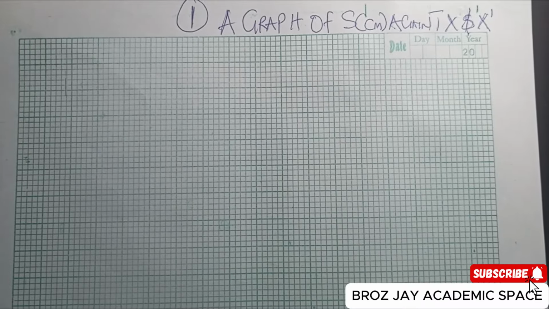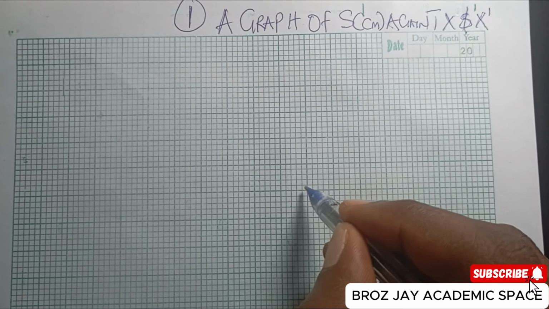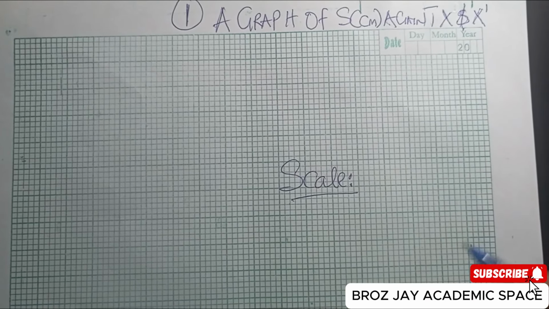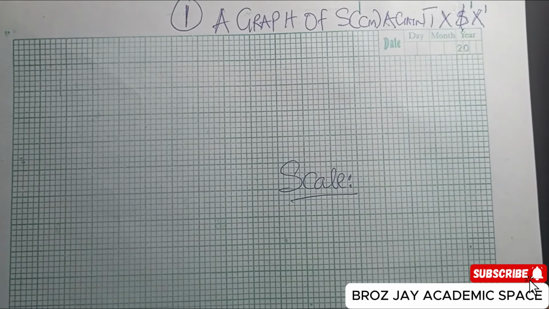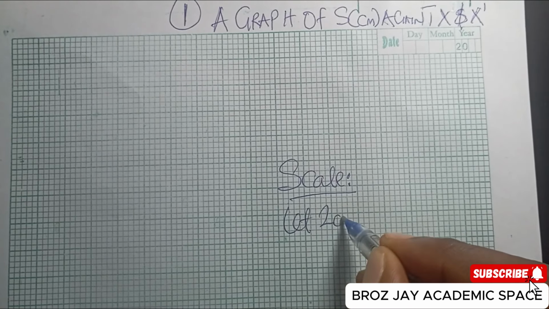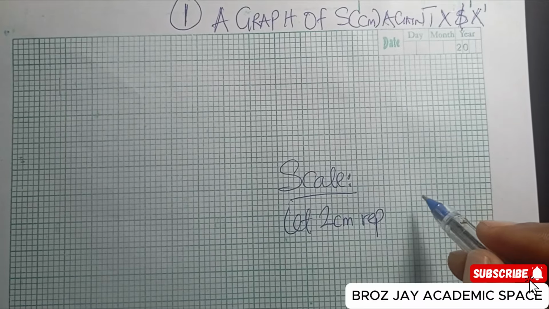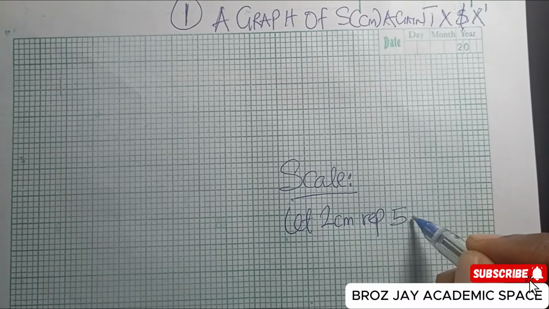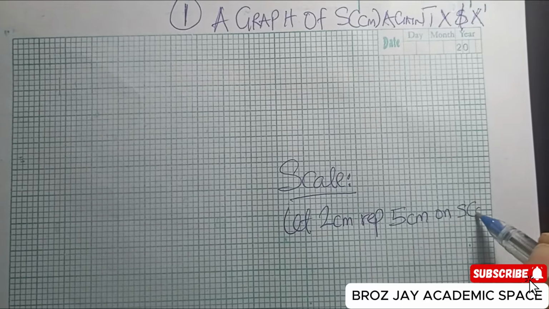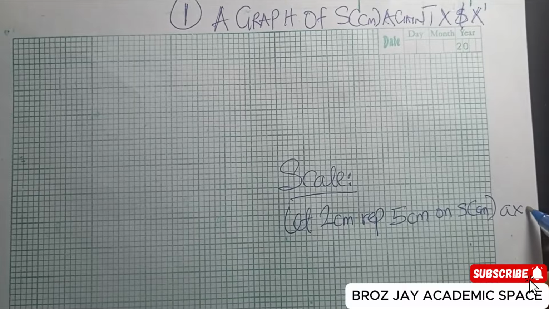Let's say the scale is... please don't write on your graph. Let 2 centimeters represent 5 centimeters on the s in centimeters axis.